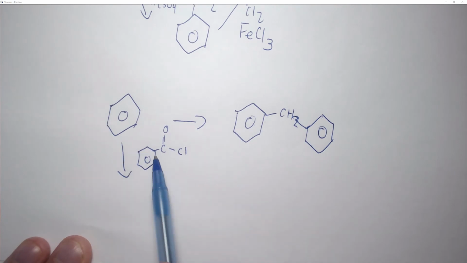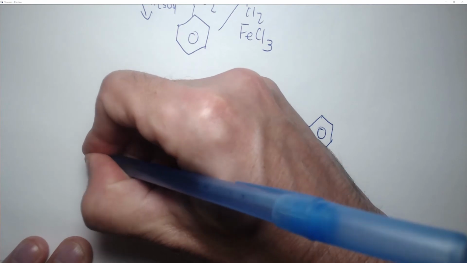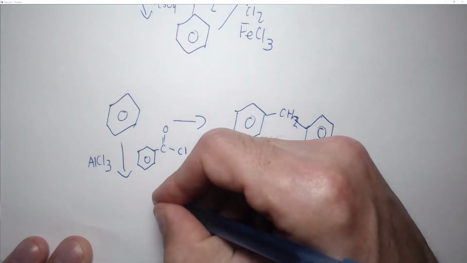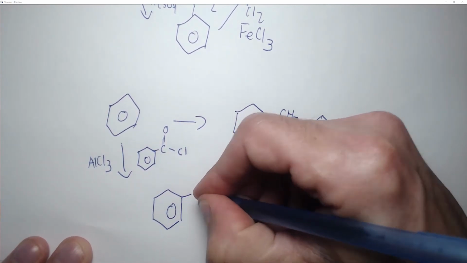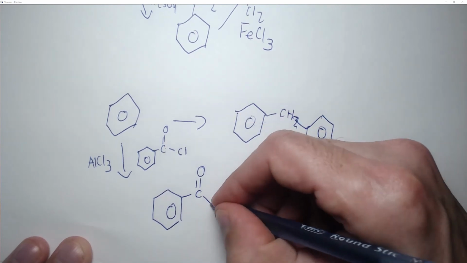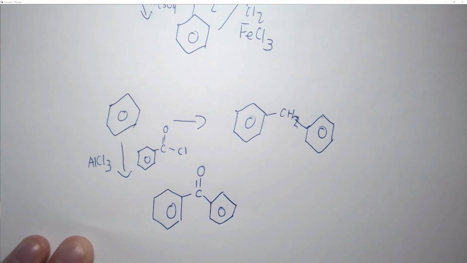I will have 2 rings attached by a carbon in the middle. In order to make this happen, I need to use AlCl3. So when I do this, I have a ring bonded to a C double bond O, and this C double bond O comes with its own ring.